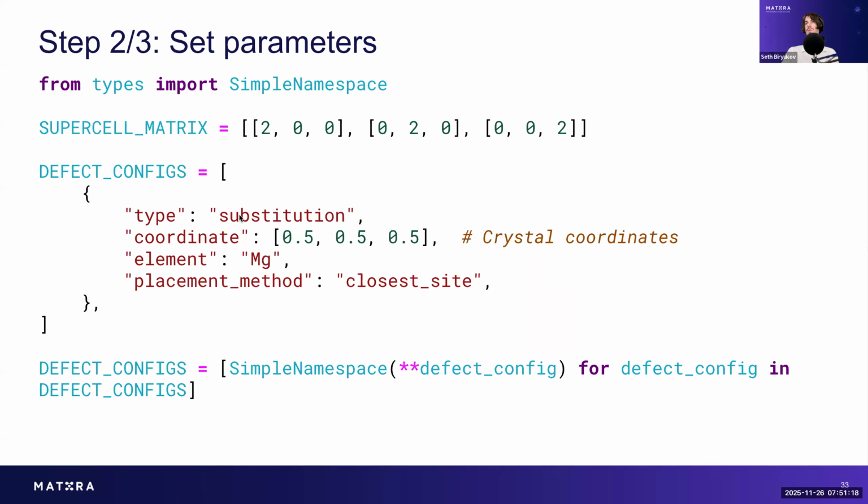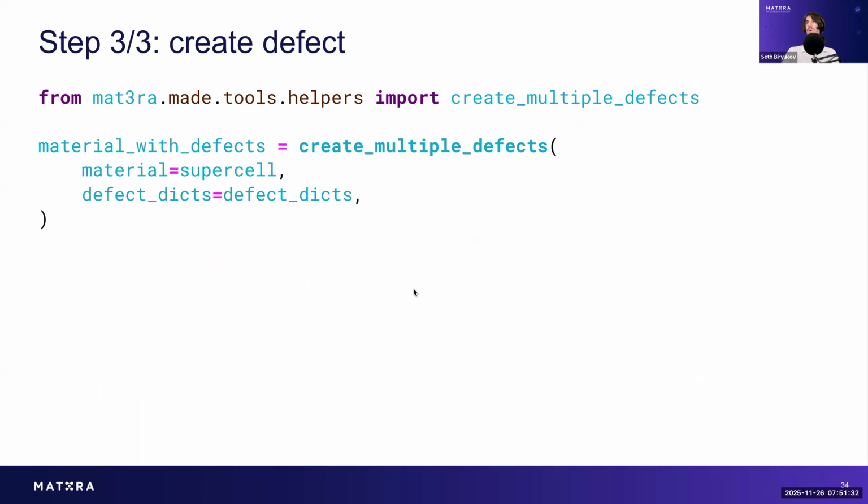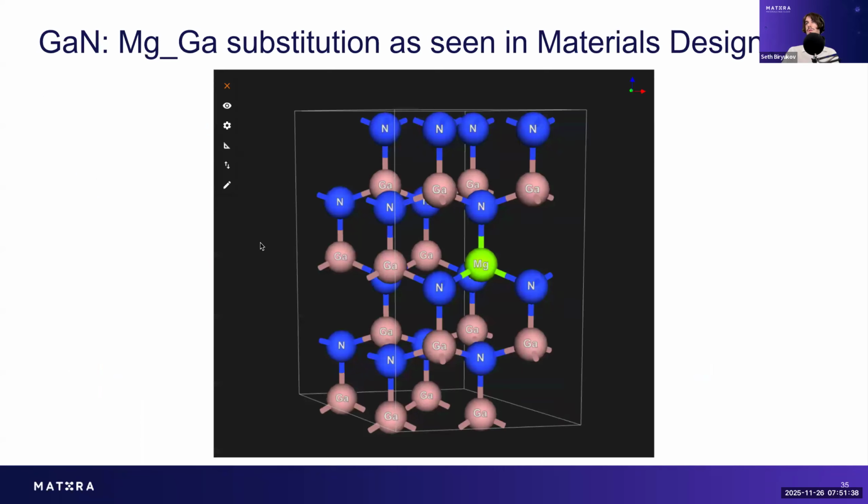And for the defect, we provide the type, substitution. We set the coordinate, for example in crystal coordinates in this case, set the element and the placement method. And then we use the same create multiple defects function to create this defect.